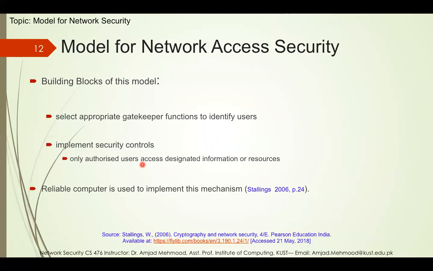You need to implement that security mechanism there, as we saw in the previous slide, where the unauthorized user reaches the firewall but was not able to answer the questions because you implemented the security policy there. So you need to implement the security controls over there. Using those security controls, that router or gatekeeper identifies user identity.